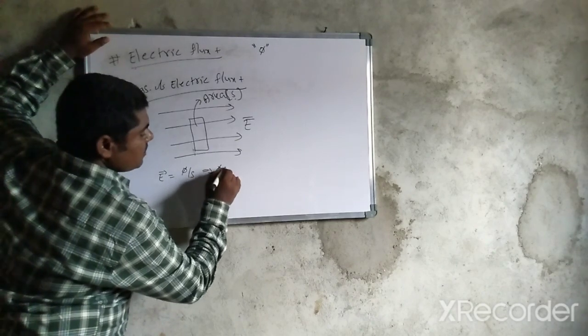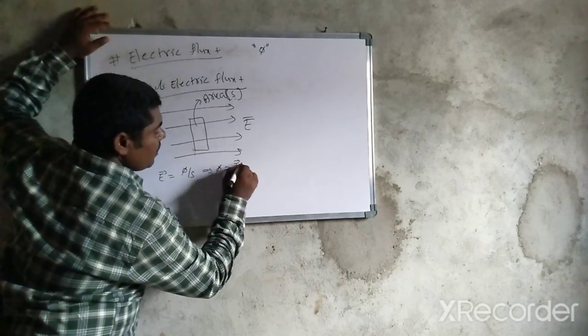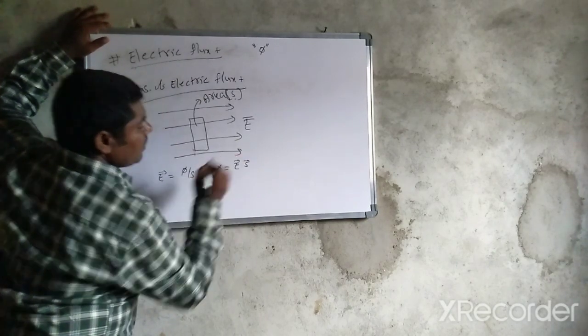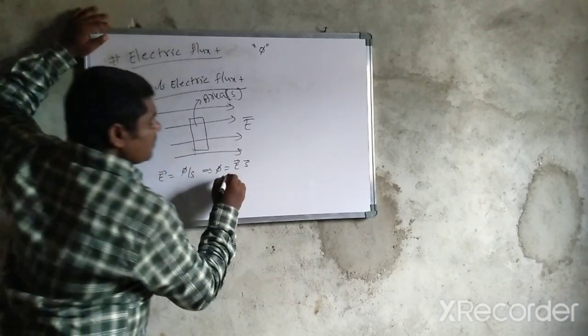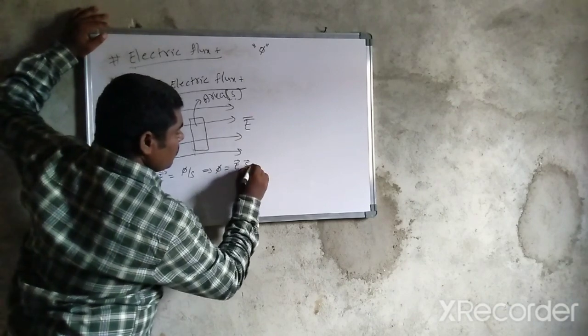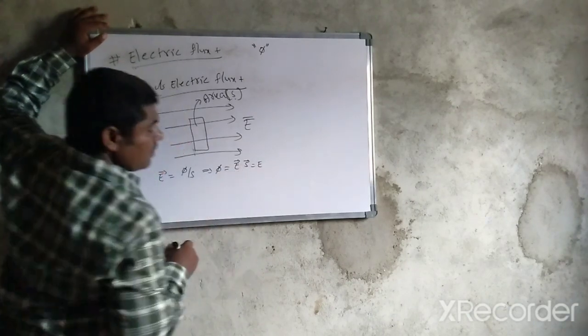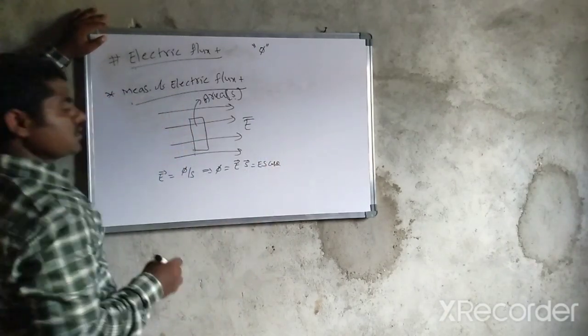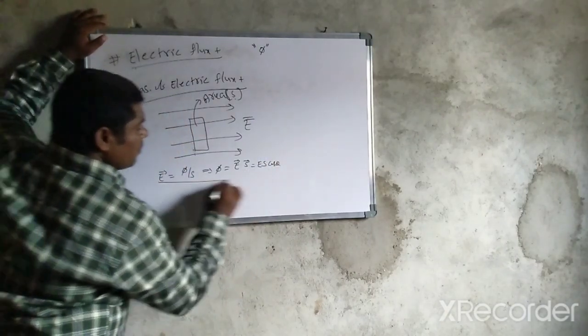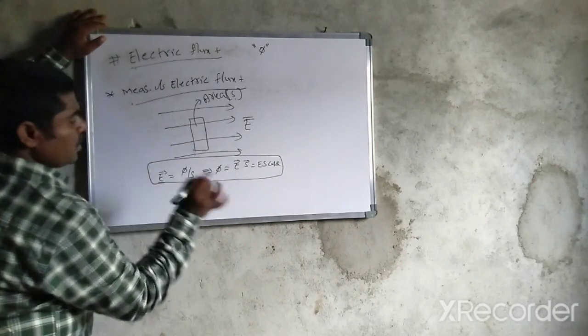From this, flux is equal to electric field E bar into S bar. Why am I writing S bar here? Area as a vector. That should be, in vector dot product, E S cos theta. Why are we writing E S cos theta? I am going to prove it also.